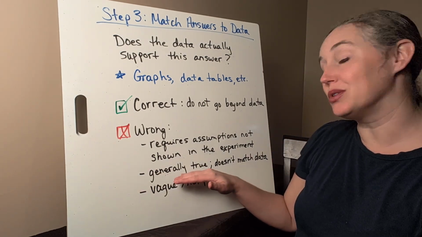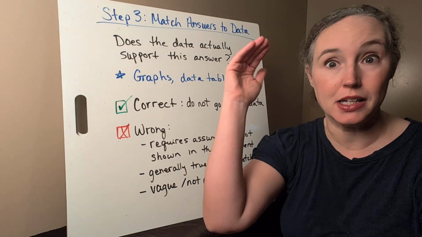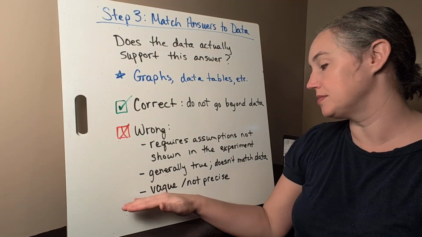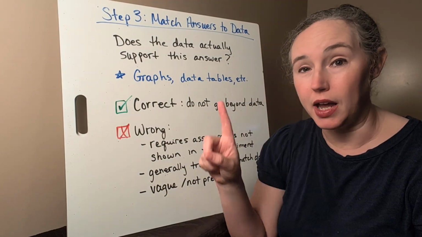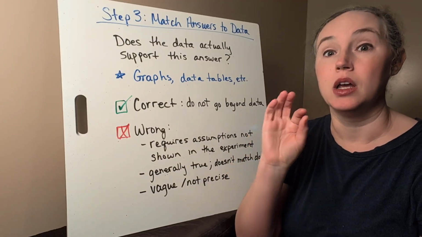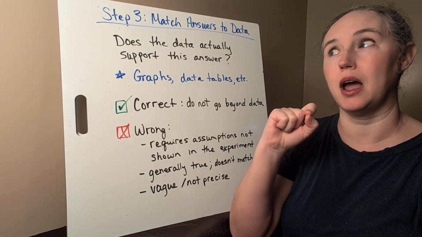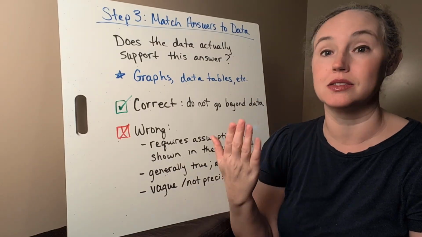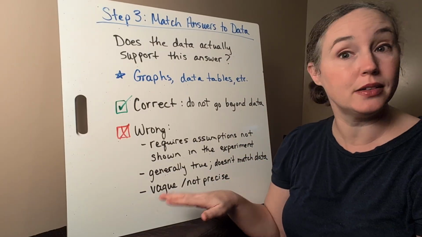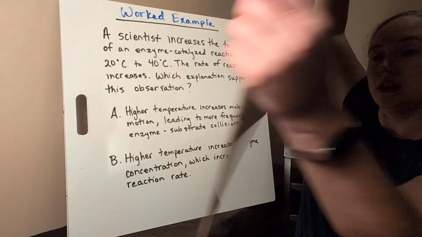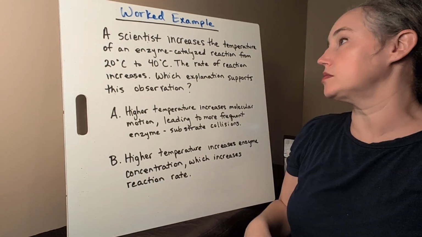They may be generally true, but not match the data in the actual experiment that the exam describes. Or they may be vague and imprecise. Precision is a really important part, like the answers matching the question precisely. So if it's too vague, it's probably not the right answer. Go with the more precise one.